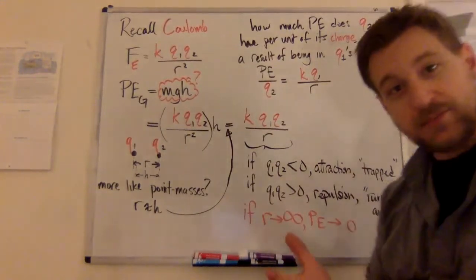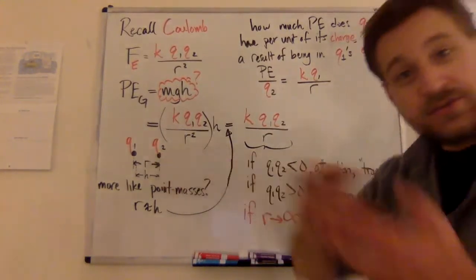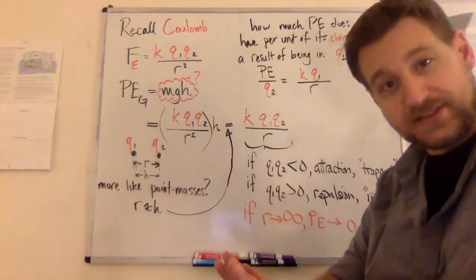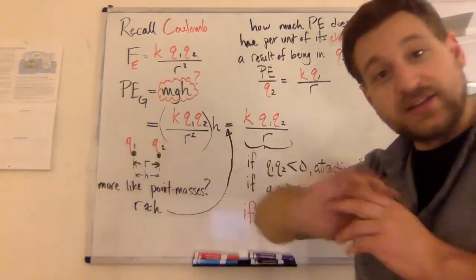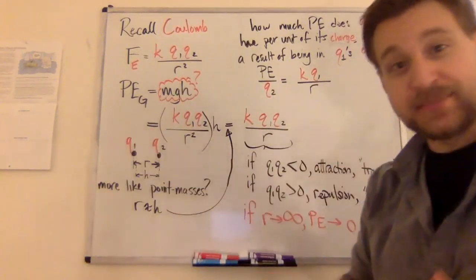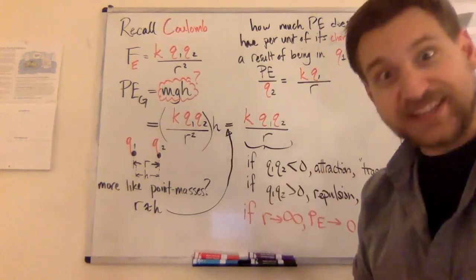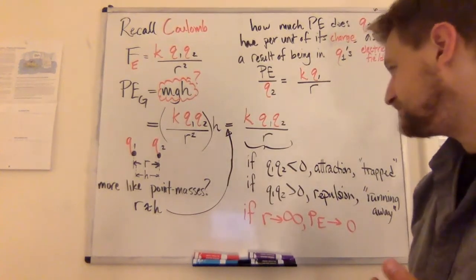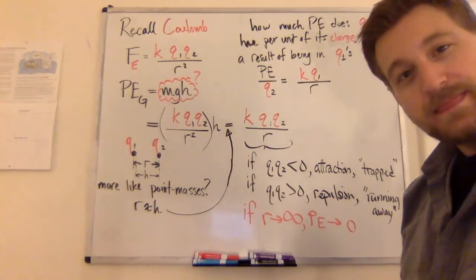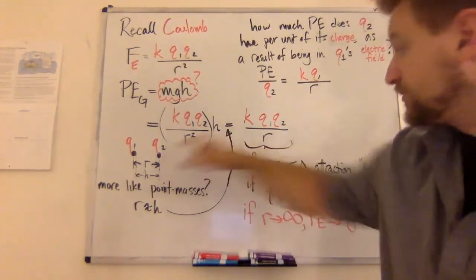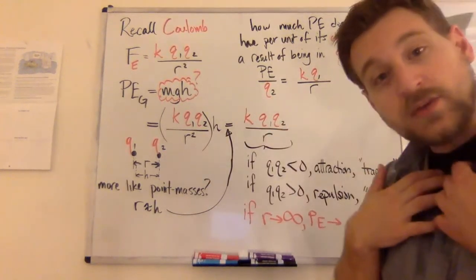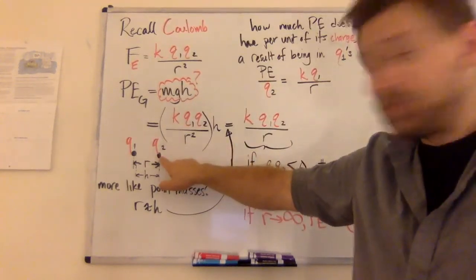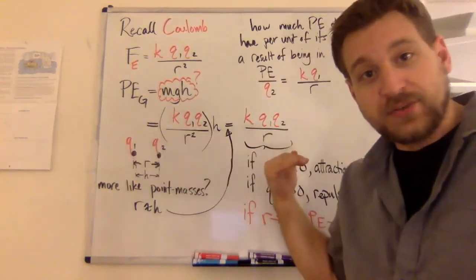It's not a trap anymore. Q2 is running away. We've got to apply forces to keep it where it is because Q1 is trying to push it away. It's not trapped. It's like escaping. If we started with Q2 over here, we would have to do work to push it to this point because Q1 is trying to push it away.